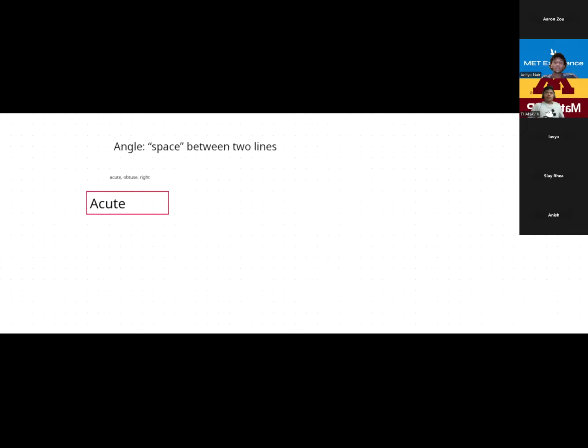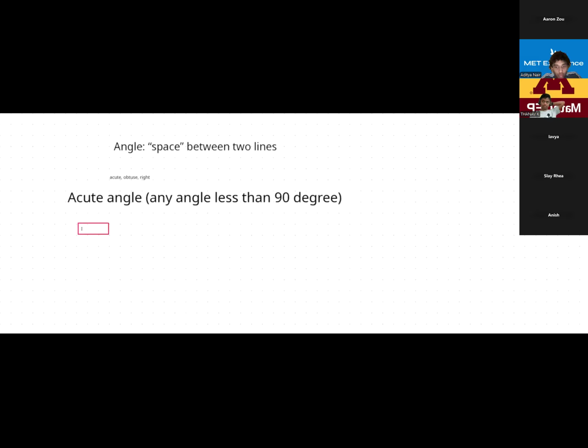So an acute angle is just any angle less than 90 degrees. Okay, and an obtuse angle is any angle greater than 90 degrees.